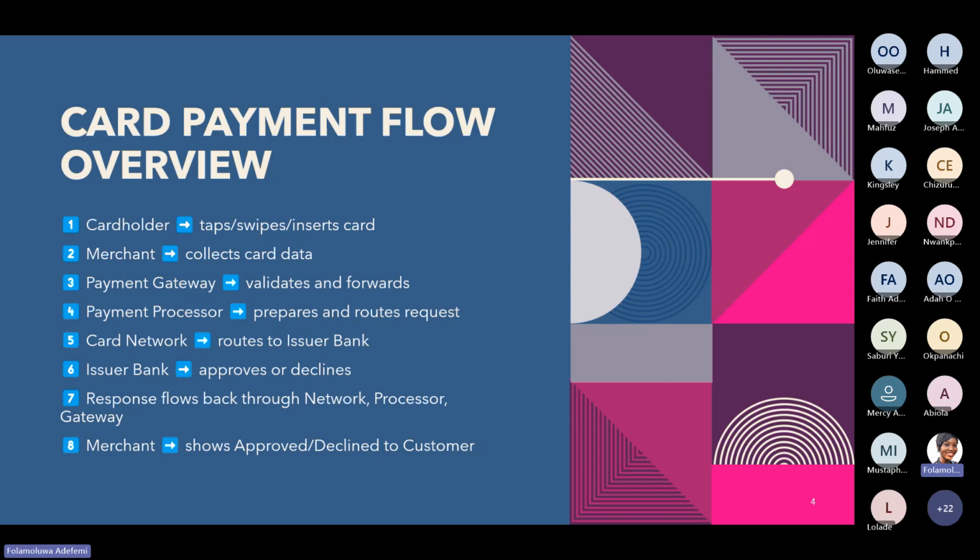There's also another entity that is predominant in this flow. It's just that the customer might not get a feel of that entity. And that's the acquirer. The acquirer is usually another bank or financial institution, but it's like the merchant's bank, right?